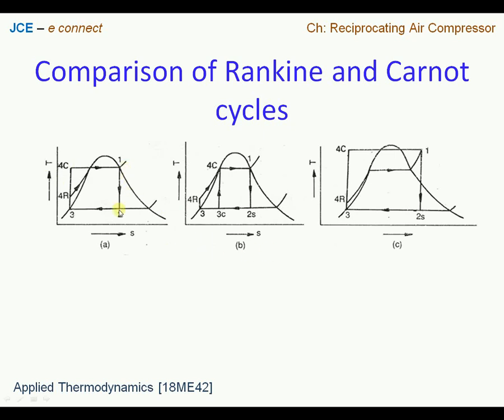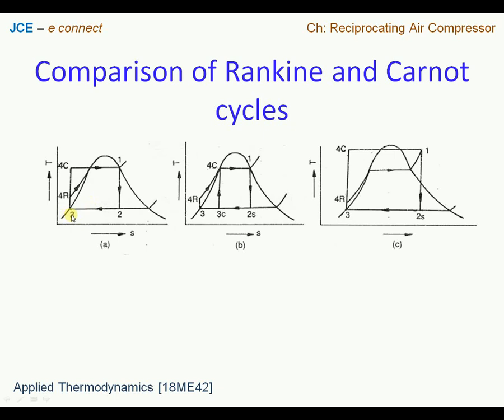Now let us look at figure A, where we have process 1 to 2 representing the reversible adiabatic expansion process, and process 2 to 3 representing reversible constant pressure heat rejection for the Rankine cycle, whereas for the Carnot cycle it is a reversible isothermal heat rejection.